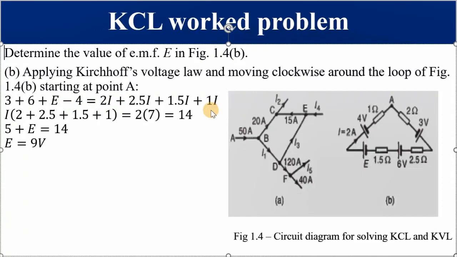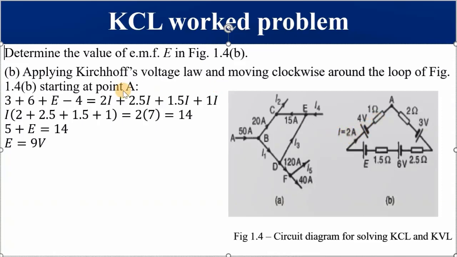How do you find PD? It is current times resistance. So we are starting from A. We'll say 2 times I plus 2.5 times I plus 1.5 times I plus 1 times I. The sum of e.m.f. is equal to the sum of potential drops, and our I is given as 2.